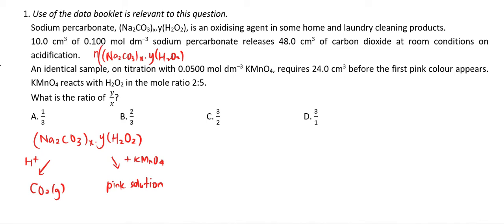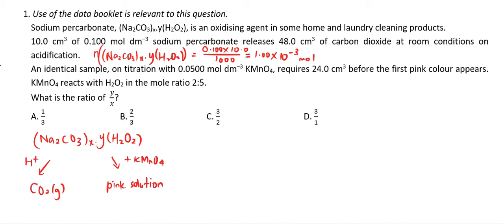The number of mole is CV over 1000, concentration times volume, divided by 1000. So 0.1 times 10 divided by 1000. So this is 1 times 10 to the power negative 3 mole.